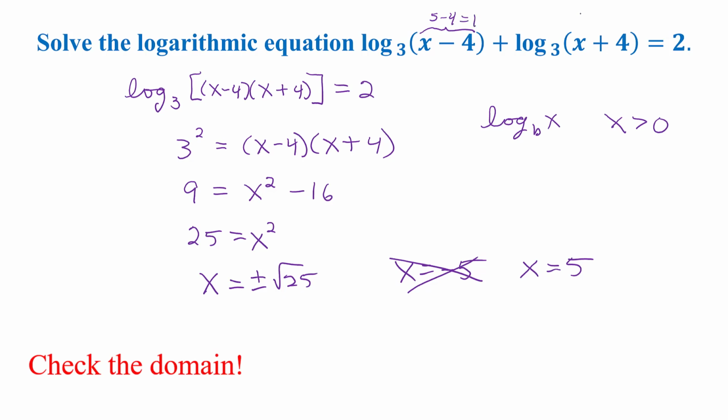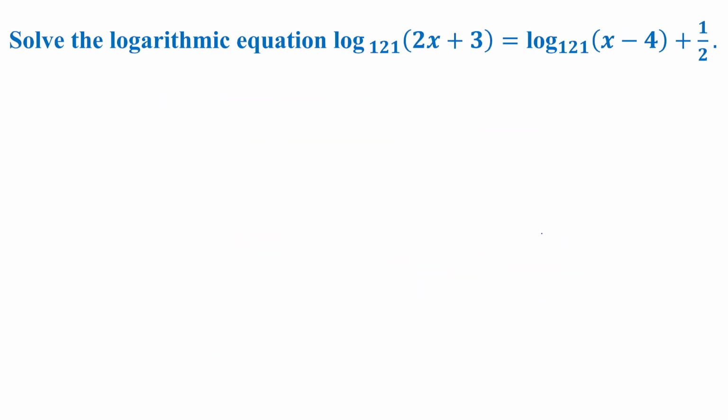I check each logarithmic expression here, so if I plug 5 in for x and x plus 4, I would be taking log to the base 3 of 9, and that's okay. So as long as we have a positive argument for our log, we're all right, and our answer here is x equals 5.